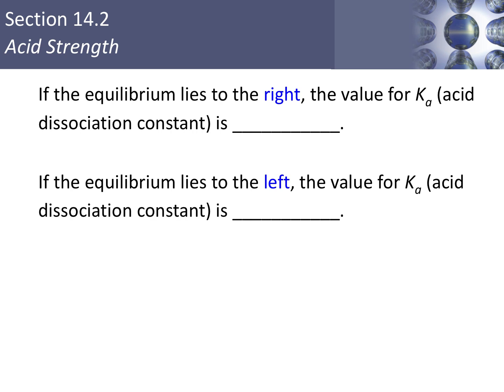If the equilibrium lies to the right, where there's been a lot of dissociation into ions, the value for Ka is large. We're going to say greater than 1. If the equilibrium lies to the left, where the reactants are, where there hasn't been a lot of dissociation, the value for Ka is going to be pretty small. We're going to say less than 1.